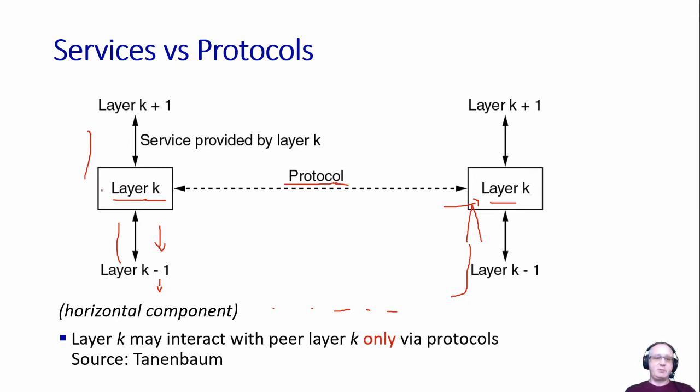And layering also means that the service that layer K provides is the service that layer K plus 1 uses to implement the service that it provides to higher layers. Okay. So this is the relationship between the service provided by a layer, the layer itself, and the protocol that is the exchange of messages between entities at this layer.